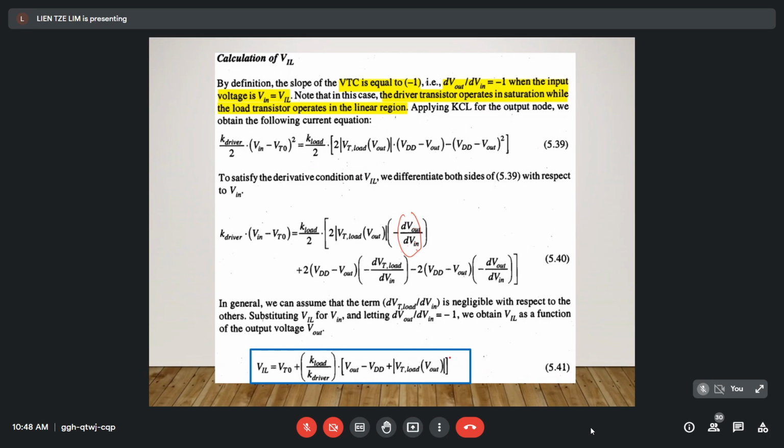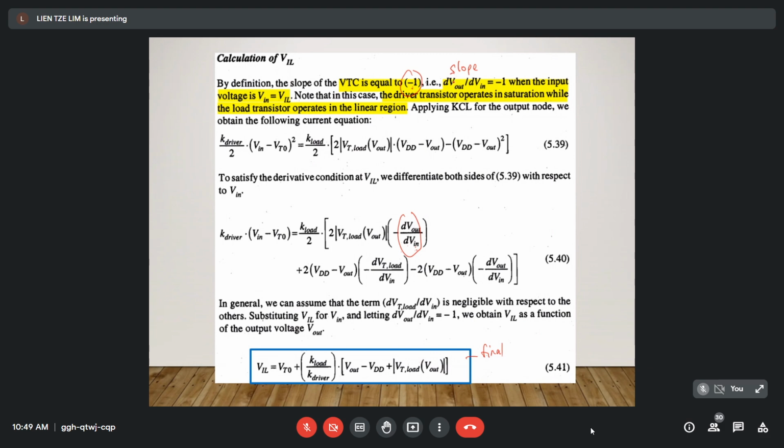But in this final formula, the dVout over dVin is substituted with -1. Remember the -1 indicates the slope, the point at which the slope changes.